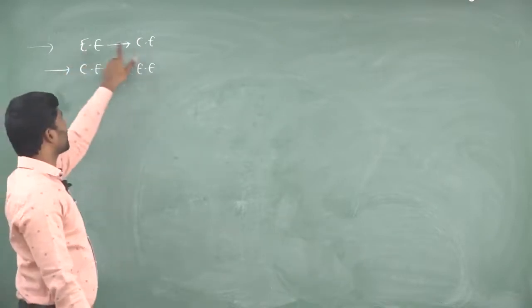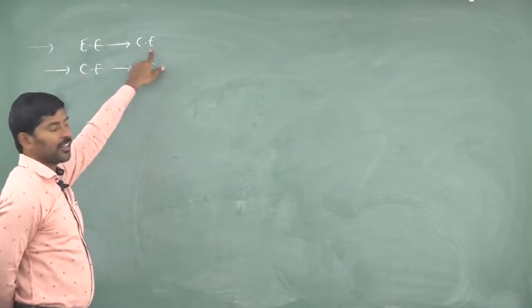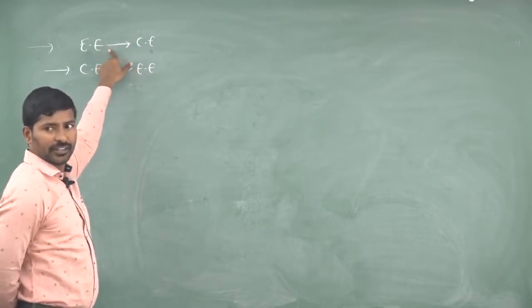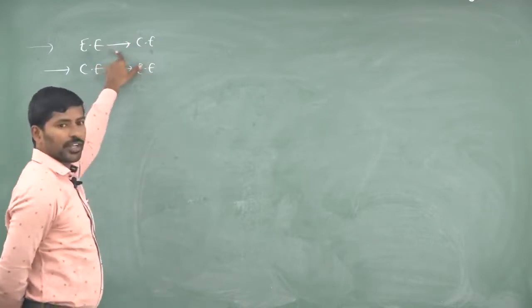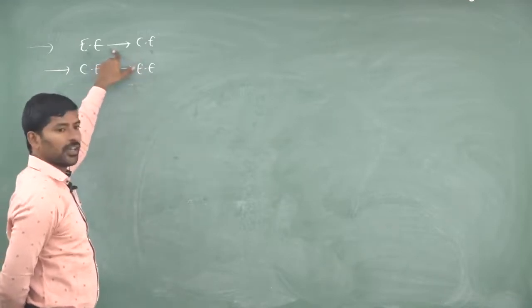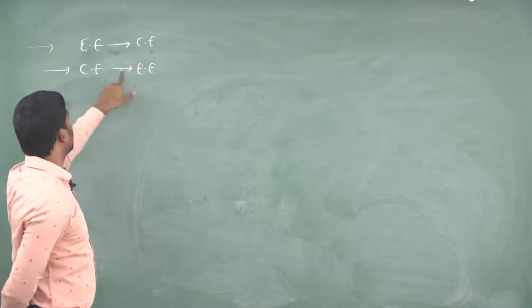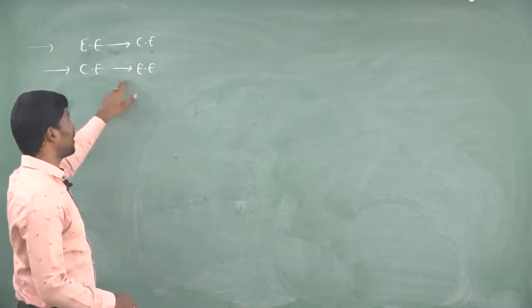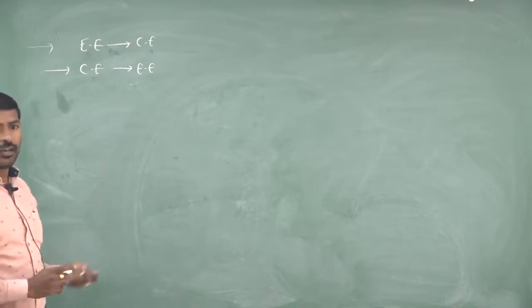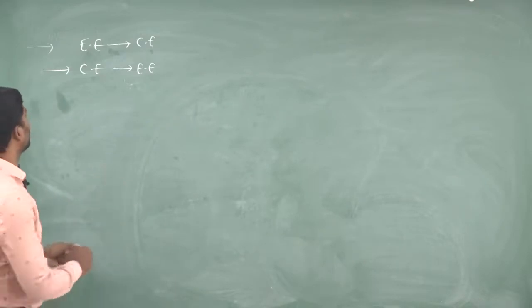Conversion of electrical energy to chemical energy we do in electrolytic cells, and such a process is called electrolysis. Chemical energy to electrical energy, the name of such cells are galvanic cells or voltaic cells.